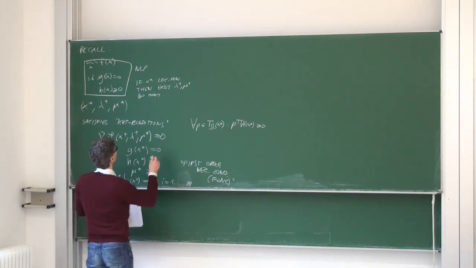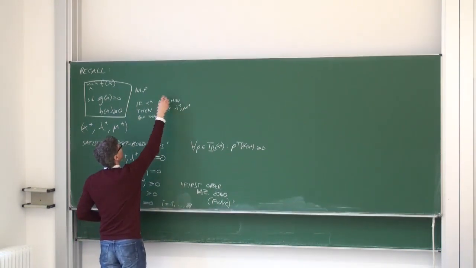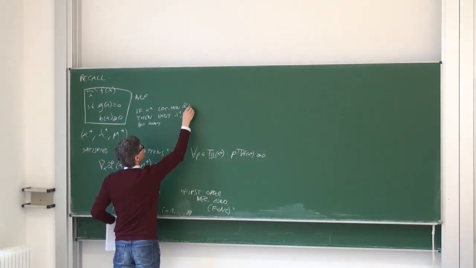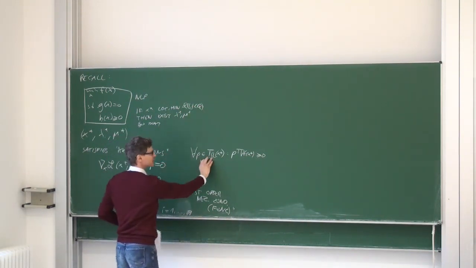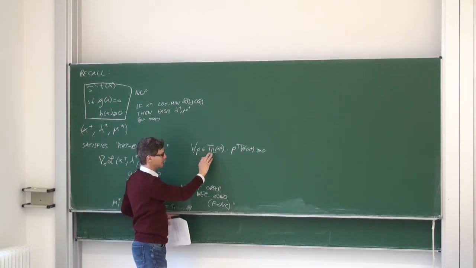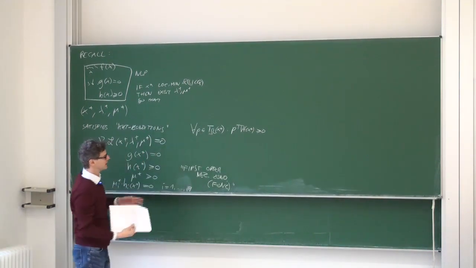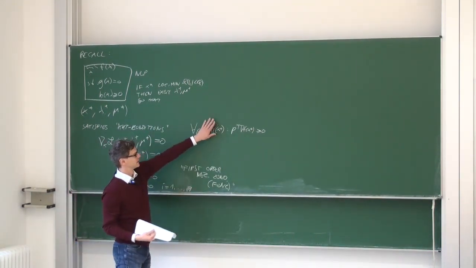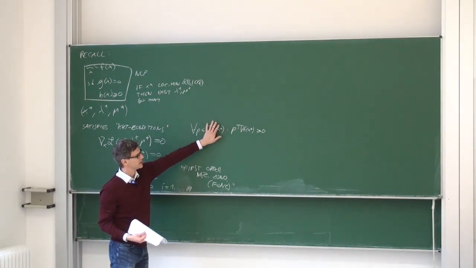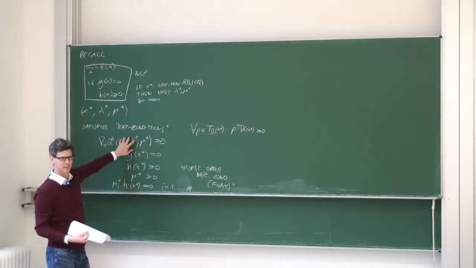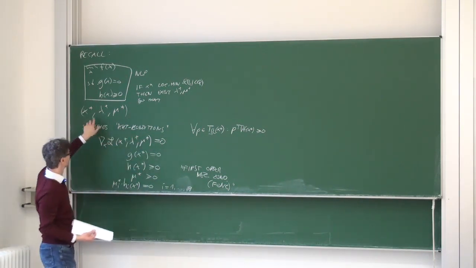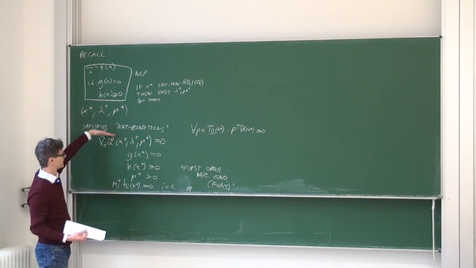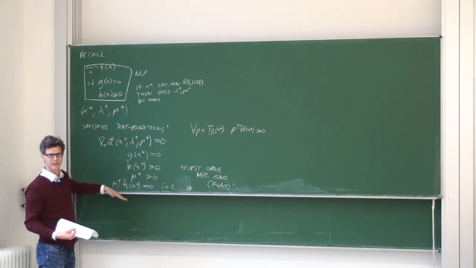We had to assume LICQ, that was the first step, in order to make the tangent cone equal to the linearized feasible cone. When we have the linearized feasible cone, then this can be replaced. But the transition to this condition was a bit more involved. But it's much more computational, because now if someone gives you these three points, you can test if they satisfy the KKT conditions.